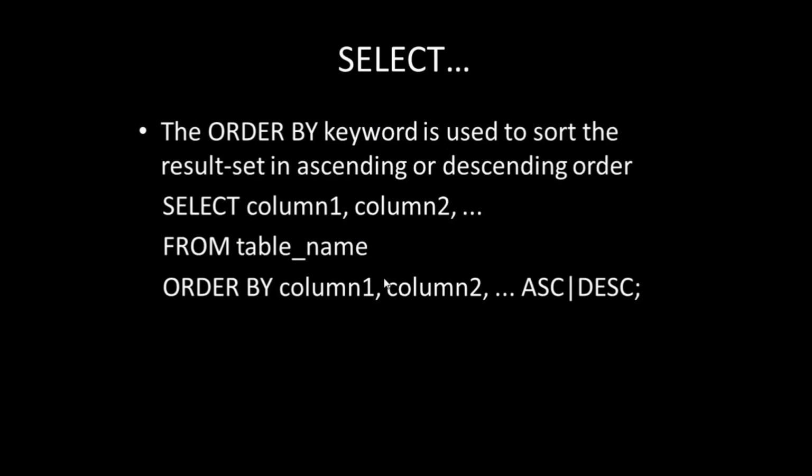So remember one thing, by default, if you don't give the keyword ASC or DESC, it will be in ascending order. Again, this is very useful when you want to select the records in a particular order. So let's see this.